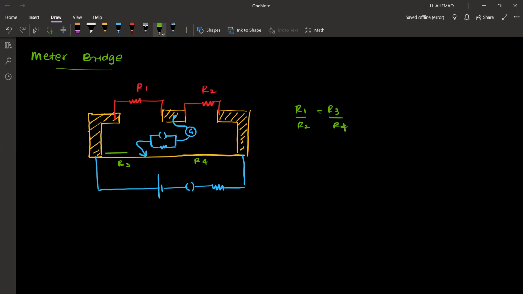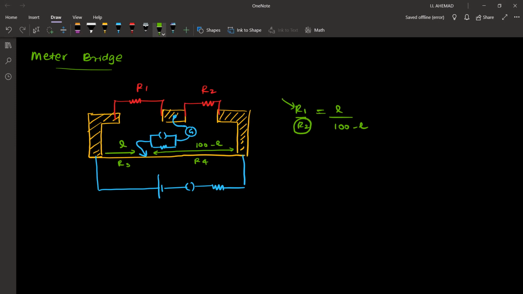Then we can measure this length. We know that resistance is proportional to length. So instead of R3 over R4, we can write L over 100 minus L. So we can compare the resistance. If one of the resistances is known, let's say R2 is known, then we can determine R1.